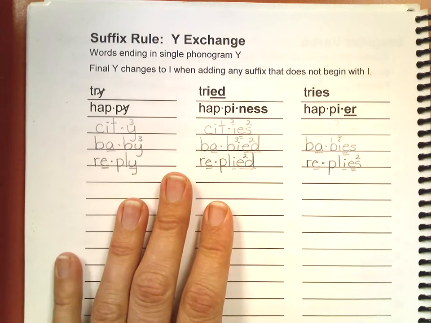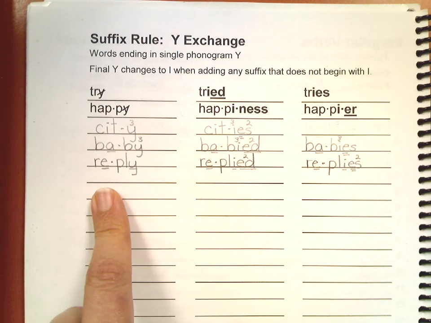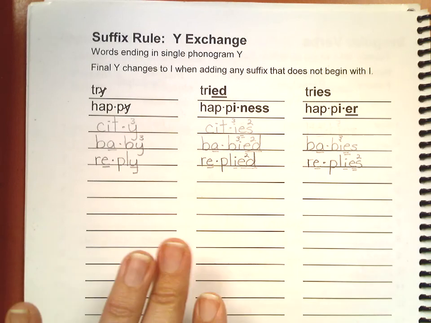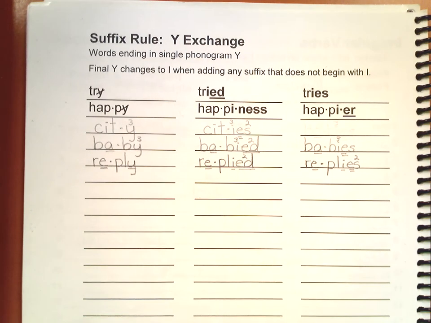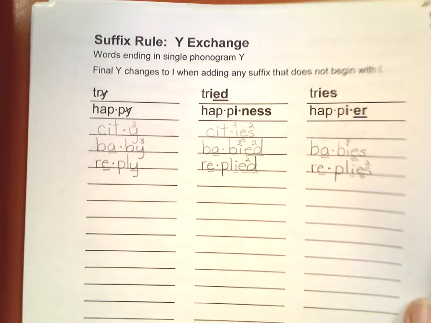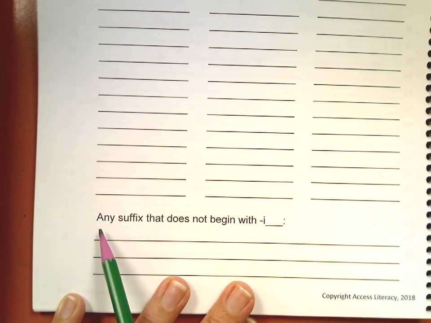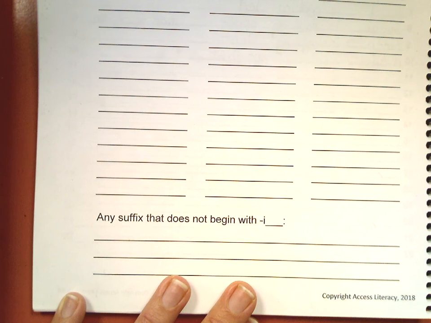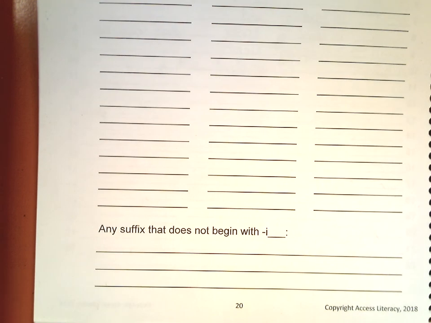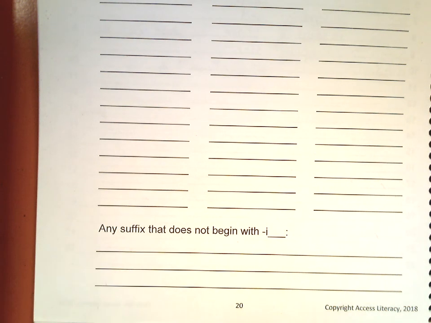All right, so we see another word where we're doing our Y exchange rule. Copy, copied, copies. Again, both of those suffixes don't start with I, so we're going to trade our Y for an I. All right, and while we're at it, let's pop down to the bottom here, because we do it when we're adding any suffix that does not begin with I. All right, so let's go ahead and add some of the suffixes that we've been using. So we'll add first our ed-t past tense ending, like that.